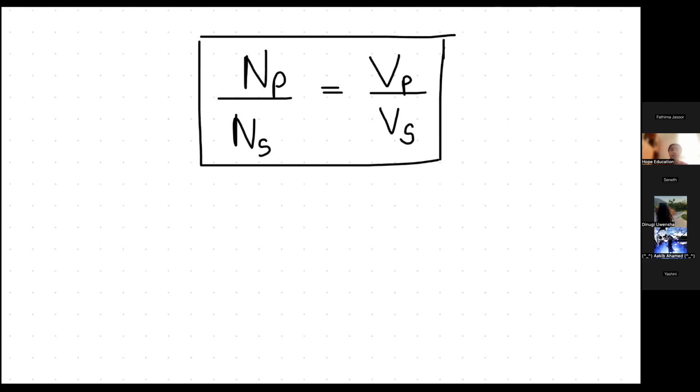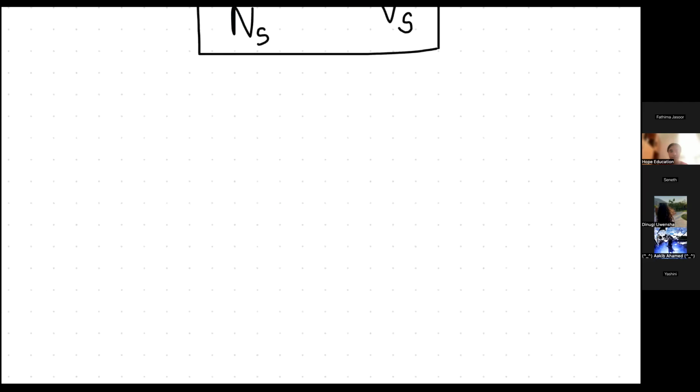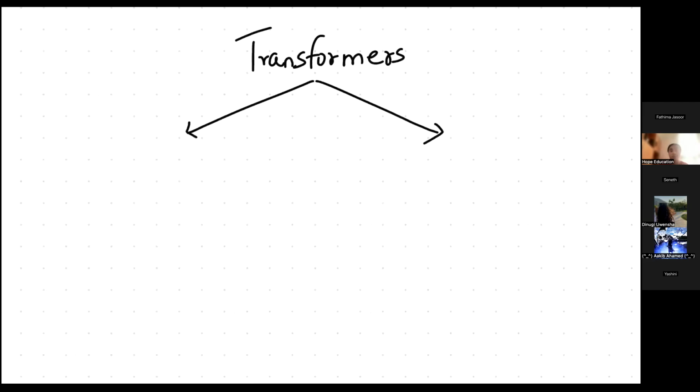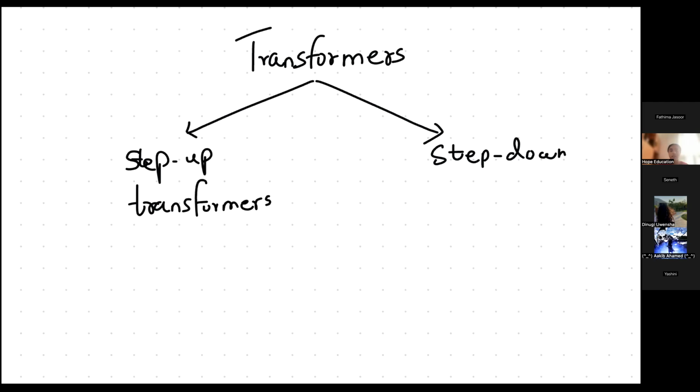Now, when we consider transformers, there are two types of transformers. We have step-up transformers, and we have step-down transformers.